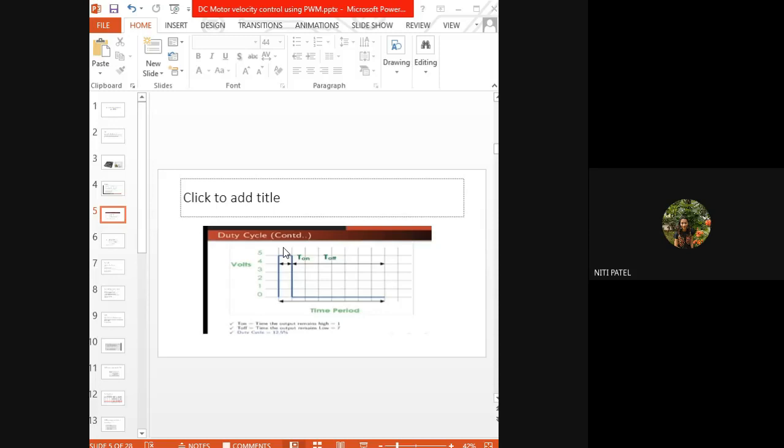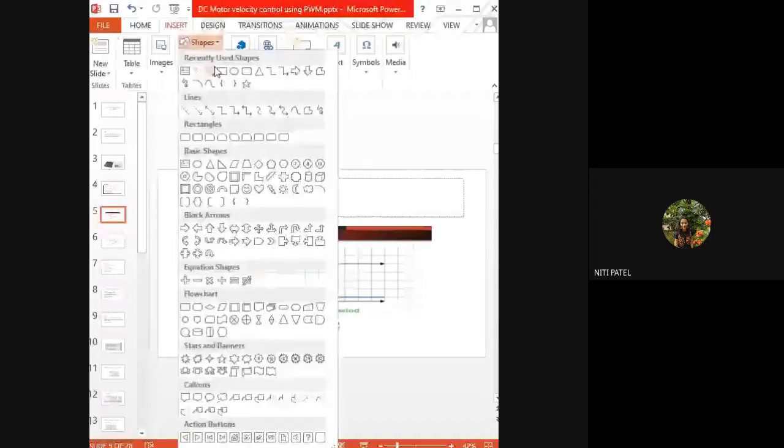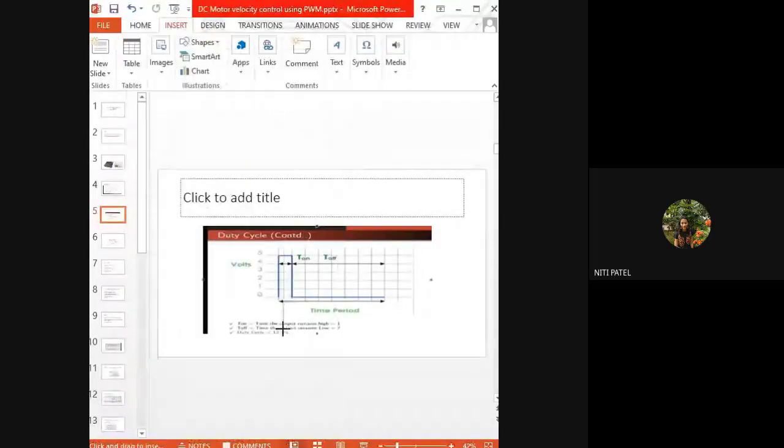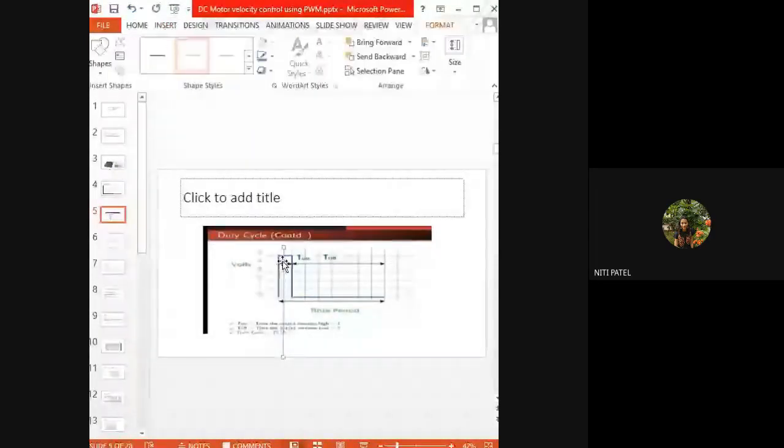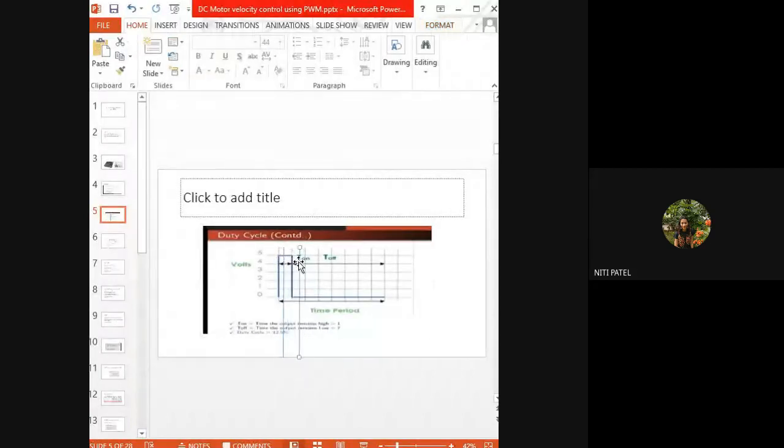Now, if you count those number of columns, I have called. Can you see the arrow on the PPT? Yes, ma'am. This is column 1. This is column 2.